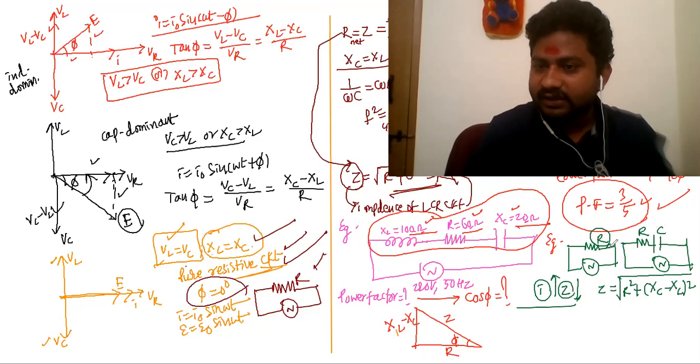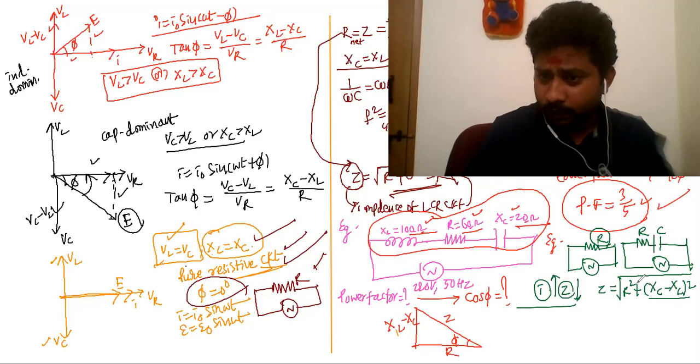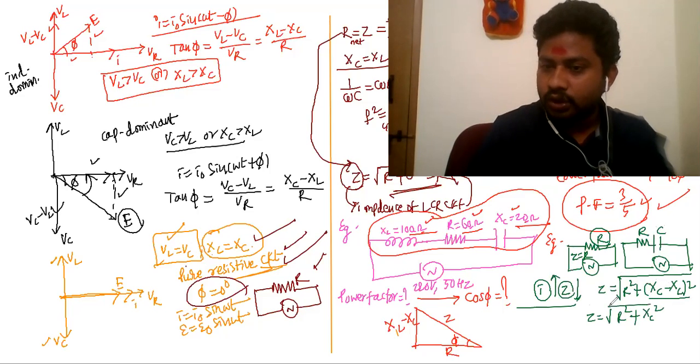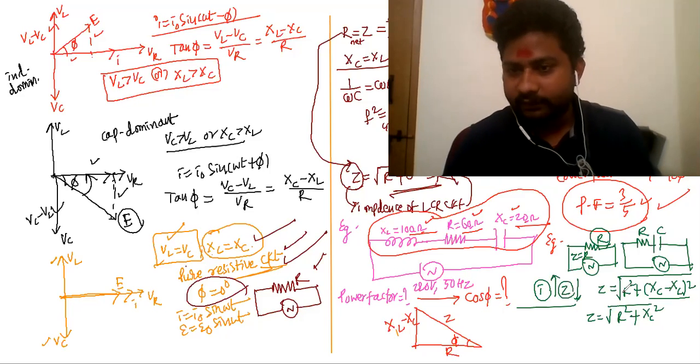Previously there is no XC or XL, so Z is equal to R. In the second case, Z is equal to square root of R square plus XC square. Did the Z value increase or decrease? Carefully see, my dear students.